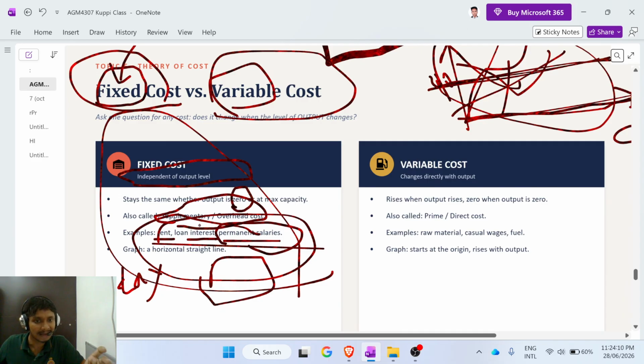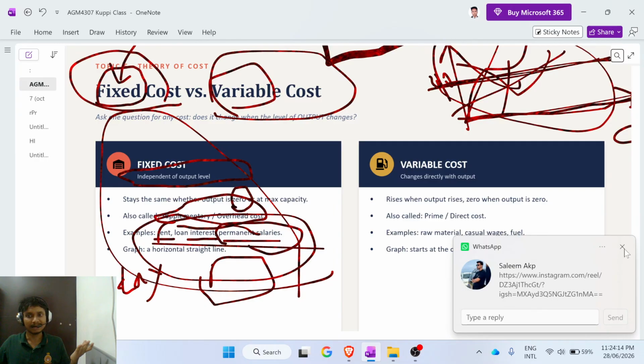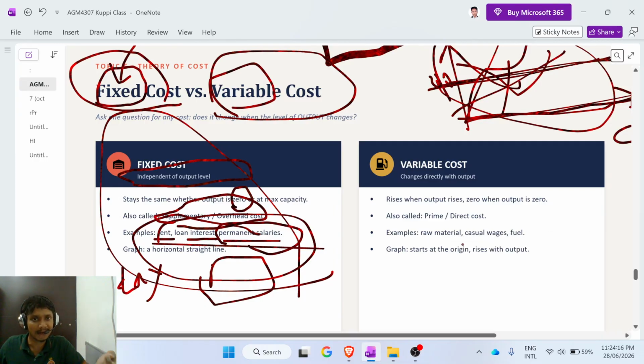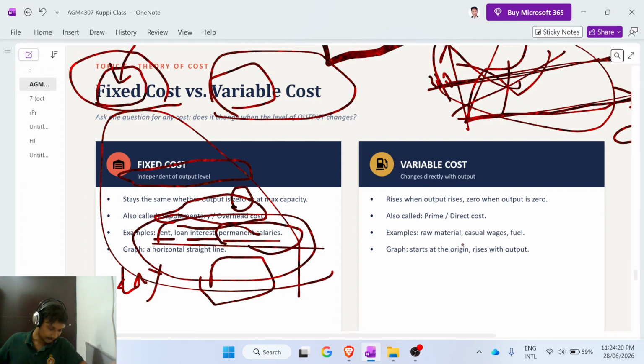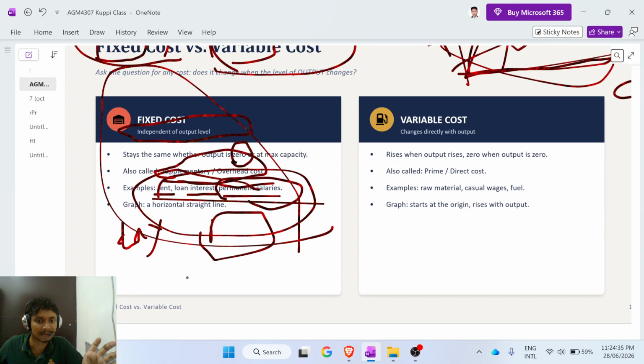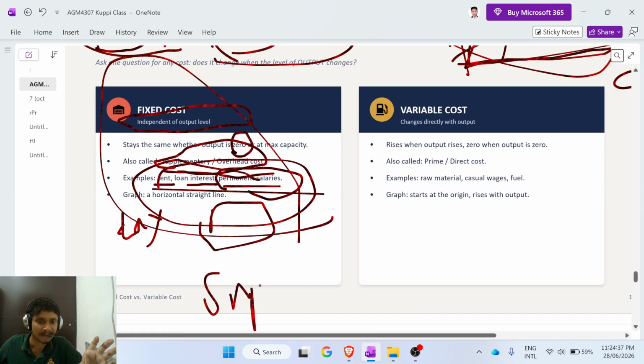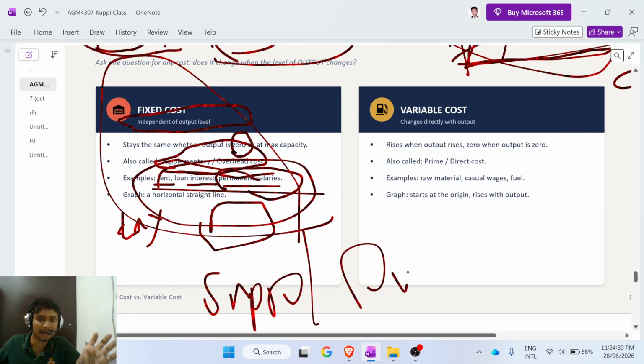Rent, interest rate, loan, equipment leases and property taxes are supplementary, not the main cost. Therefore, fixed cost is called supplementary cost or overhead cost.